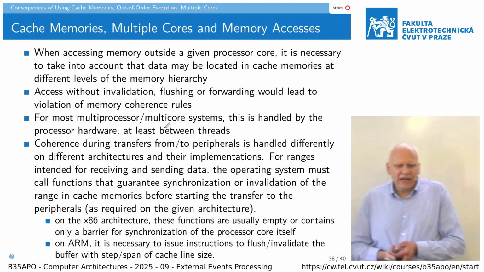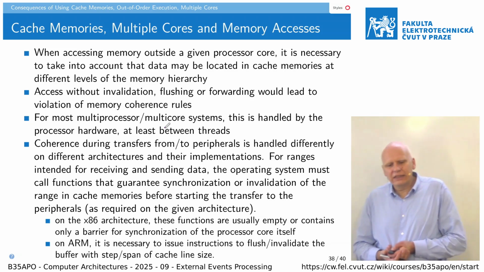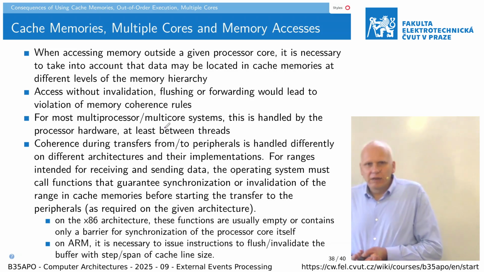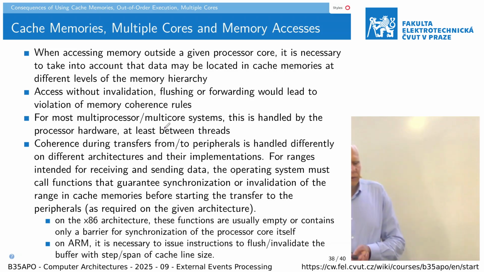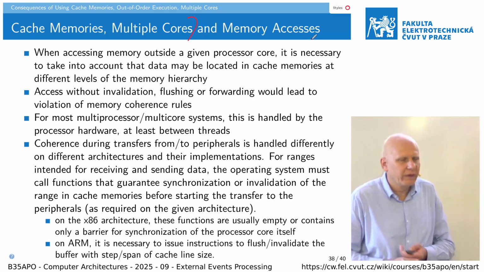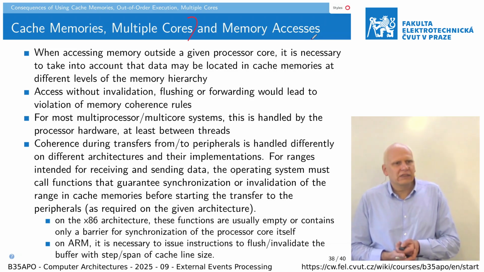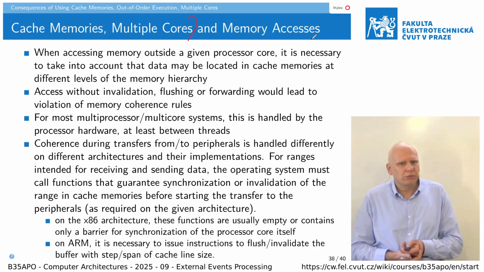And there are some remarks. All this seems relatively simple. But at the moment when you have cache memories and more cores and out-of-order execution, those things start to be much, much more complex.